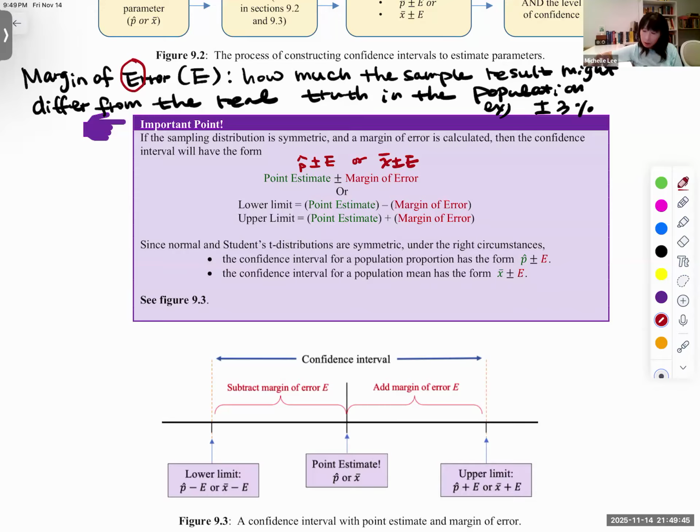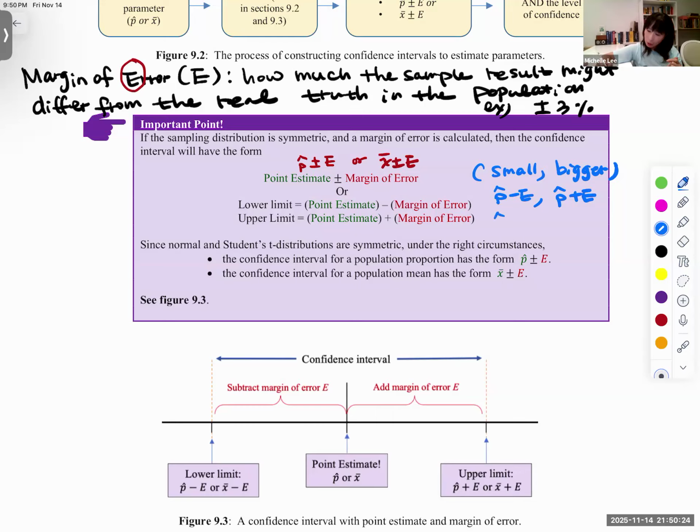Since interval notation is in order, the first number is smaller than the second one: small number, then bigger number. Point estimate minus margin of error gives the smaller number, and point estimate plus margin of error gives the bigger number.